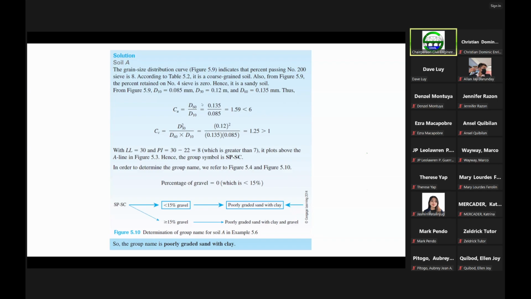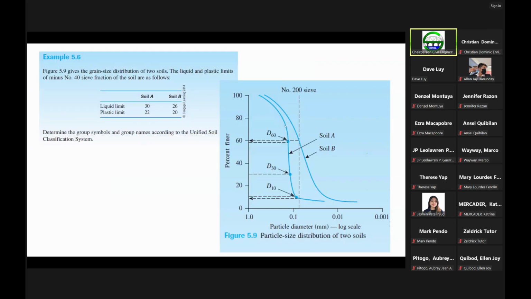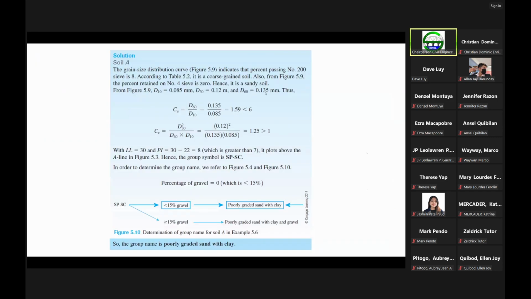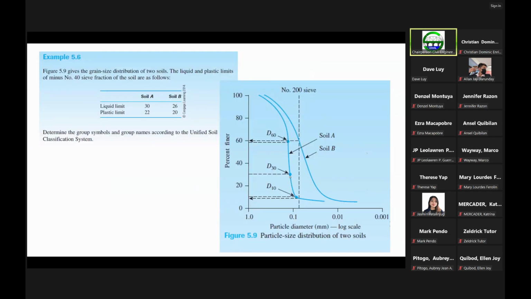So from the grain size distribution curve, this is now your D60. D60 is 60% finer, no? So D60 is this one here, project it down. That's about 0.135, according to the book. Then for D30, that's the 30% finer.